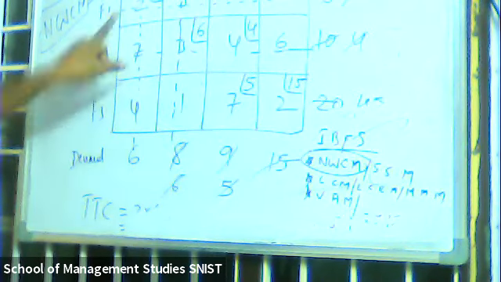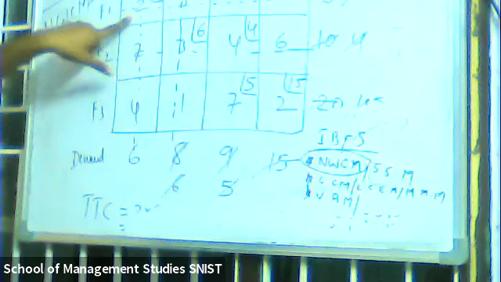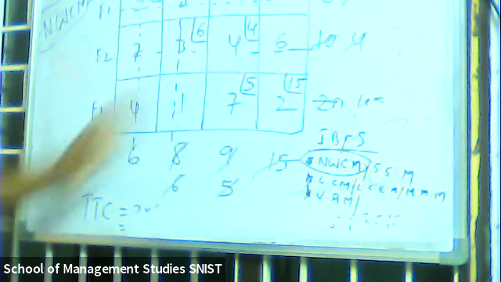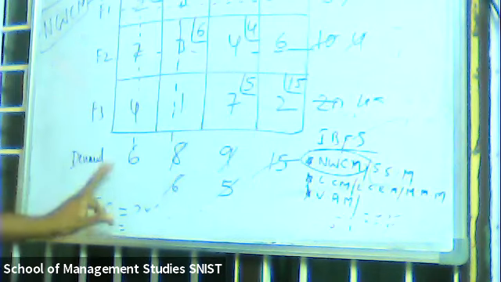So x11 is where we start. When working on the northwest corner method, you need to check the demand and supply values. Which one is the least value here? 6 is the least value.